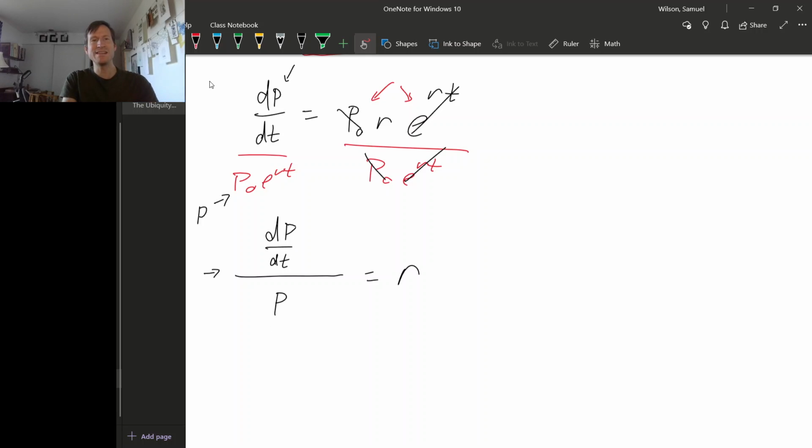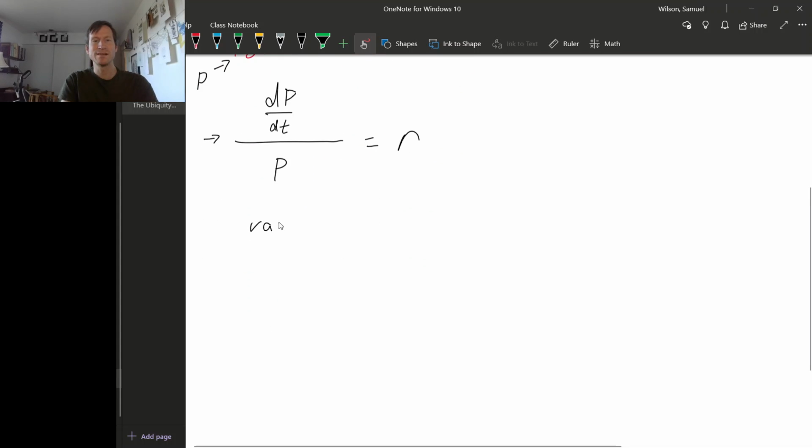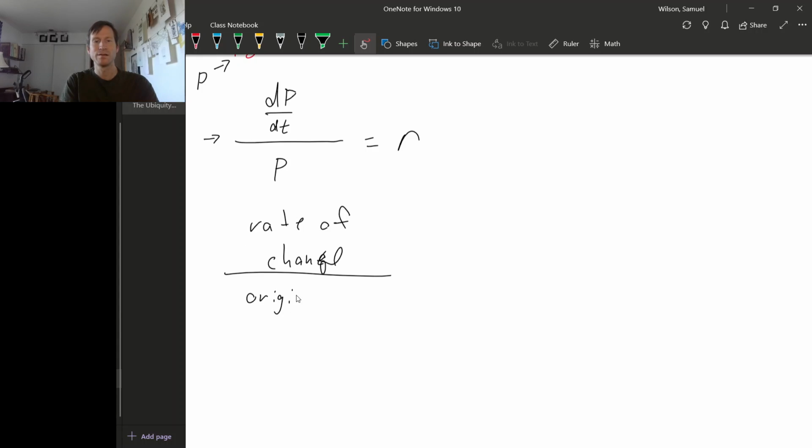Well, dP/dt, that's the rate of change, divided by P itself, so that's the original value, is a constant. Remember, this r that shows up in our exponential growth formula is a constant.